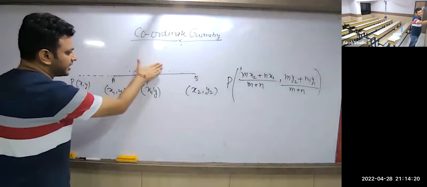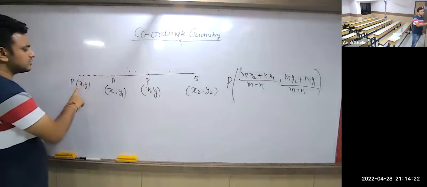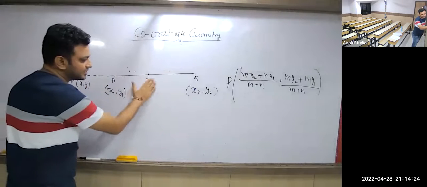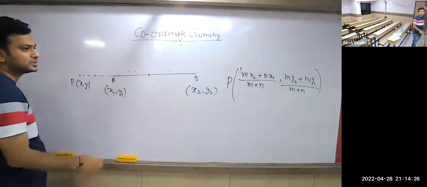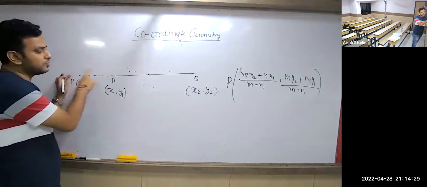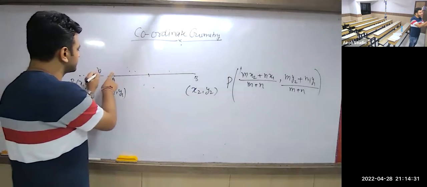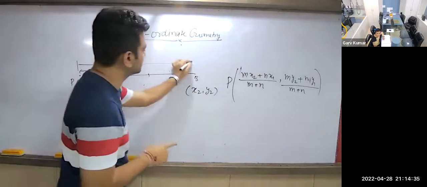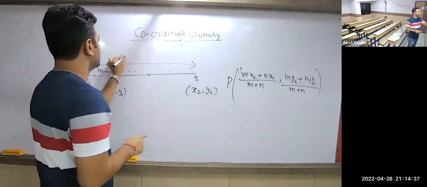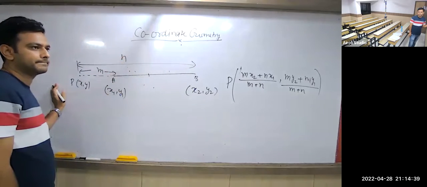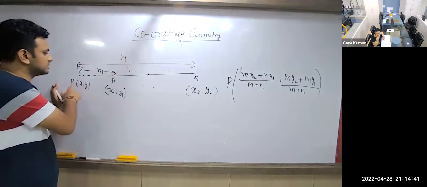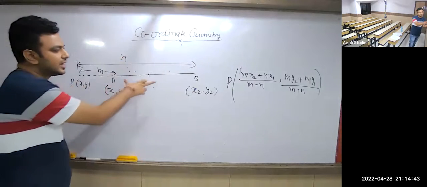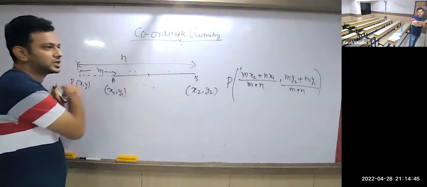Let's say the m:n ratio divides the line segment AB, meaning its distance from A is m and its distance from B is n. So this is the point dividing line segment AB externally.